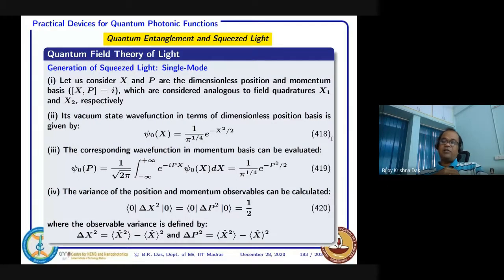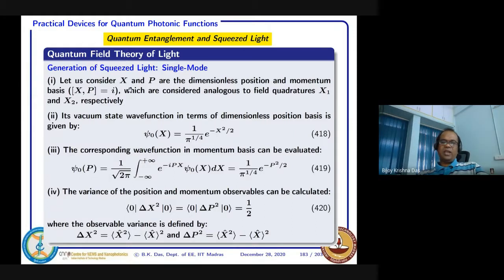As I said, there are two types of squeezed light you can get, single mode and two mode squeezed light. Normally, two mode squeezed light is very important for our entangled photon generation and its applications. Let us first understand what single mode is and how to generate single mode squeezed light. So we go back a little bit to our fundamental understanding.